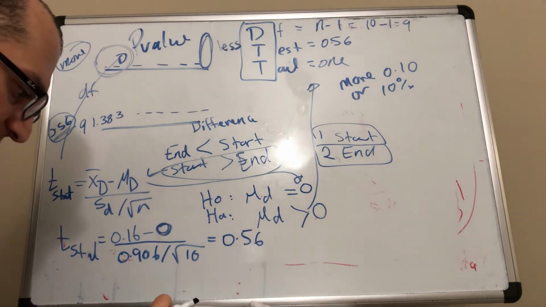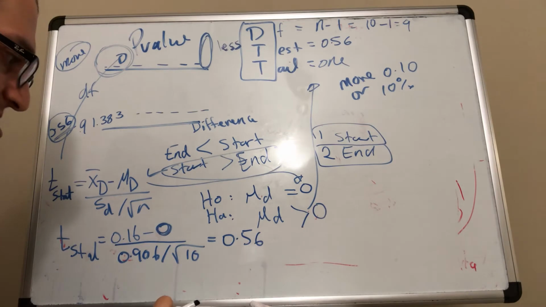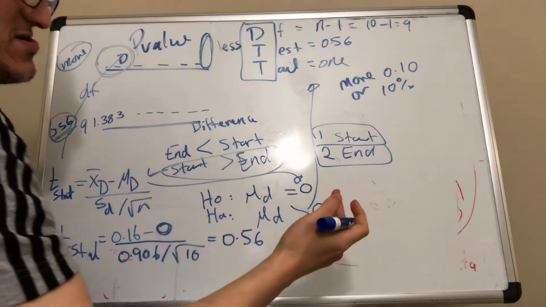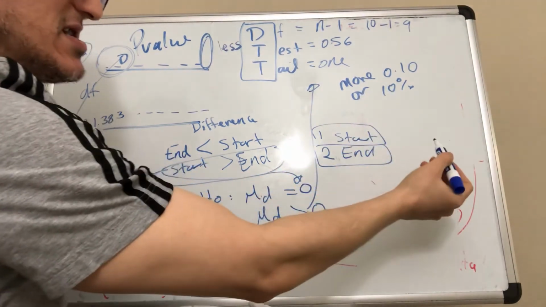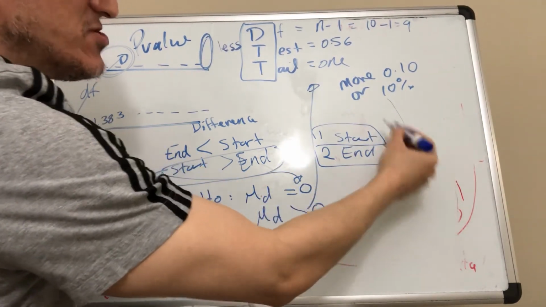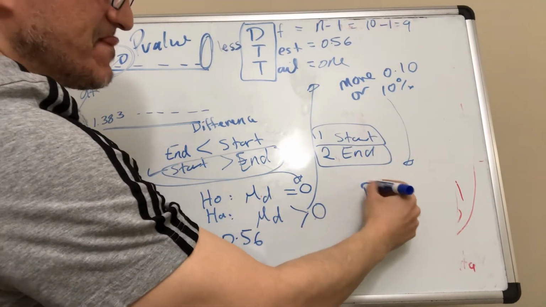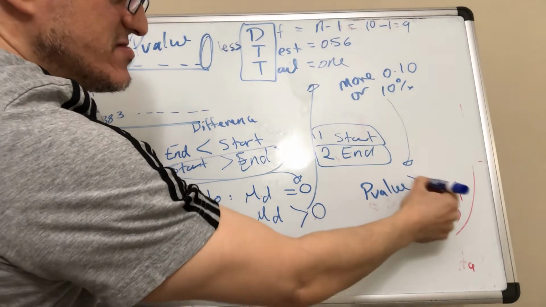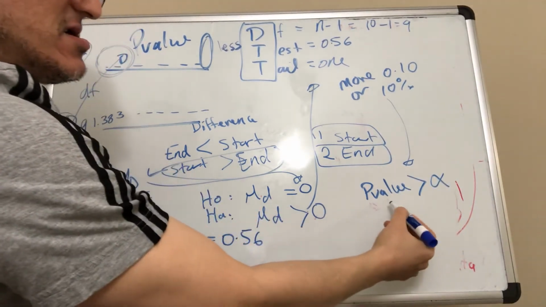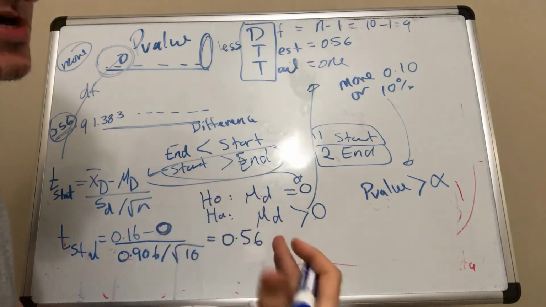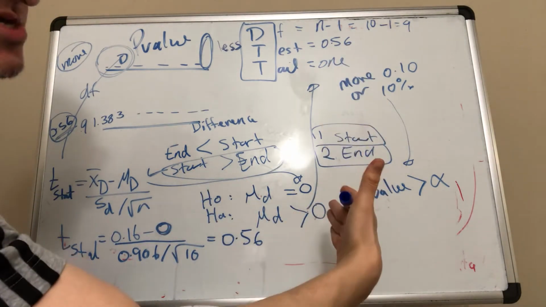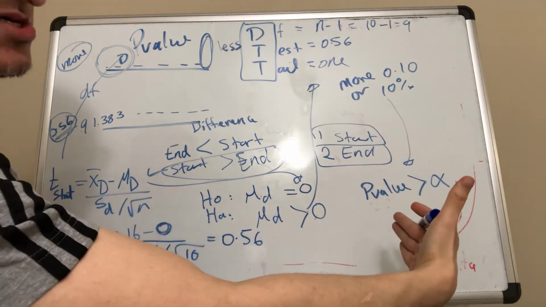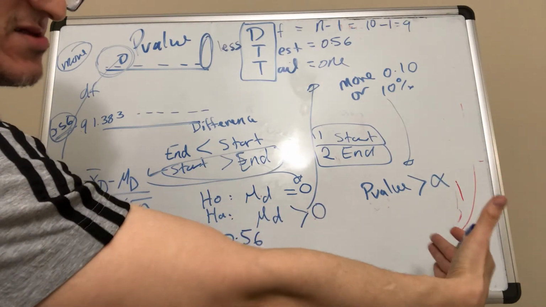Now, going back to the problem, your alpha, if you remember, is 5%. So you ask yourself, is the p-value more than alpha or less than alpha? If it's more than 10%, your p-value is more than alpha. And remember what we said? P-value less than or equal to alpha, reject H0, conclude HA, significant result.